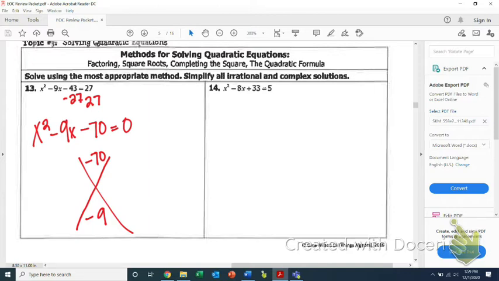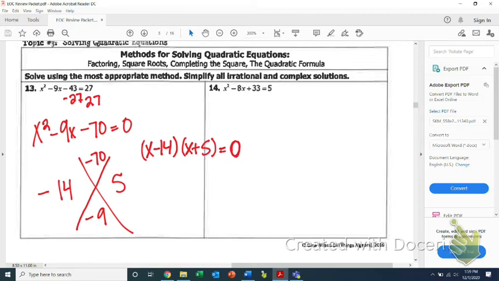No. 70 divides by 5 also. And 5 goes into 70 14 times. So let's do a 14 and a 5. But how can I get negative 9? Which one has to be negative? The 14, okay? So I have as factors of x minus 14 and x plus 5 equals 0.